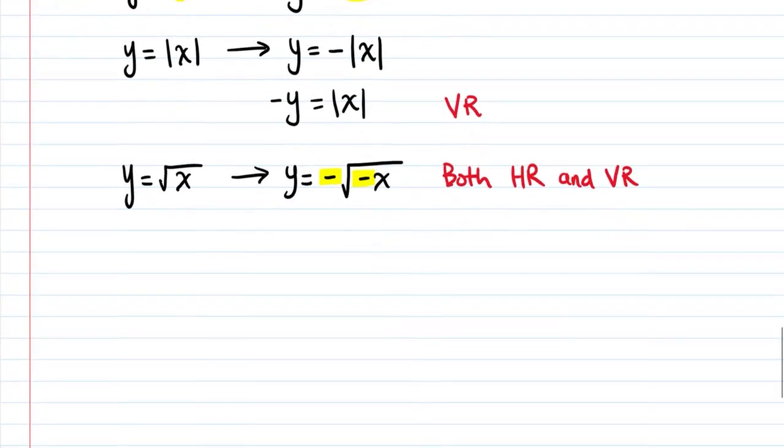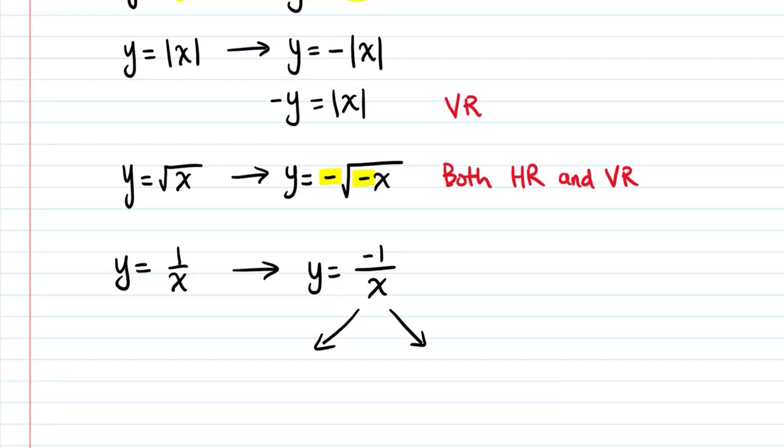Let's do the last example. y is 1 over x becomes y is negative 1 over x. This fraction can be written in different forms. The negative can be in the numerator, in the denominator, or in front of the whole fraction. So you can write it as 1 over negative x, or negative of 1 over x.